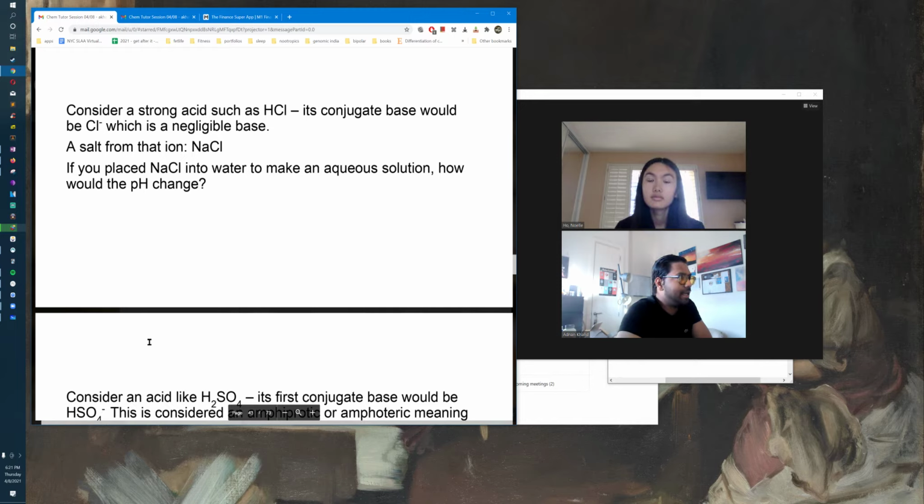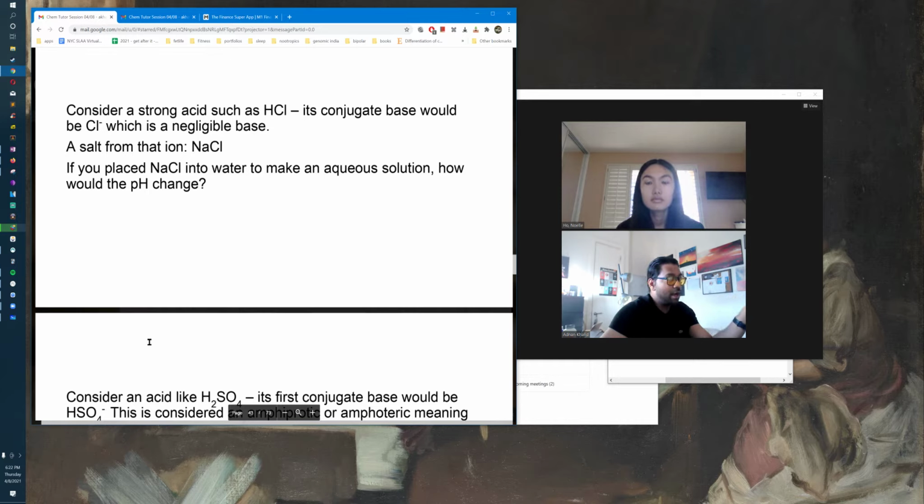Weak acids would produce a stronger conjugate base compared to a strong acid. Because if you think about it, since a weak acid isn't doing its job 100%, its conjugate base is going to have to pick up some of that slack.